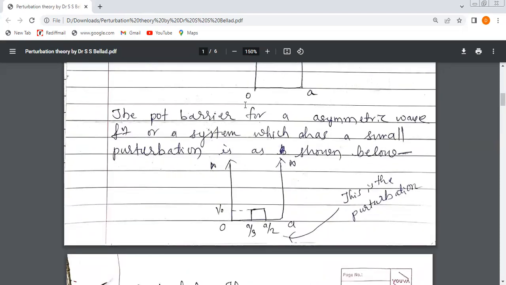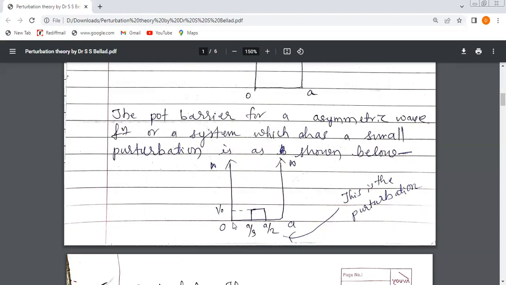So the potential barrier for an asymmetric wave function, or a system which has a small perturbation, is shown like this. You can look at the bottom of the potential barrier.